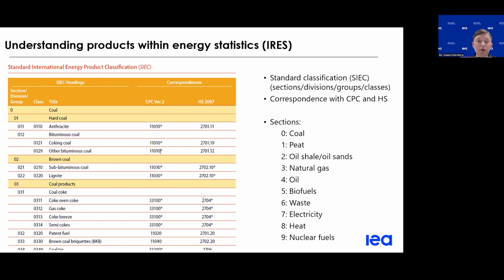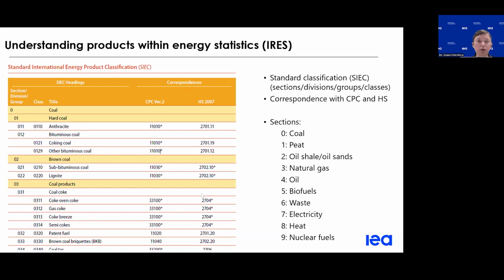Now, these classifications are regularly updated. We are currently working on the process of updating the current classification because as the energy field is changing, for example, things like green hydrogen or ammonia are coming much more into the picture.